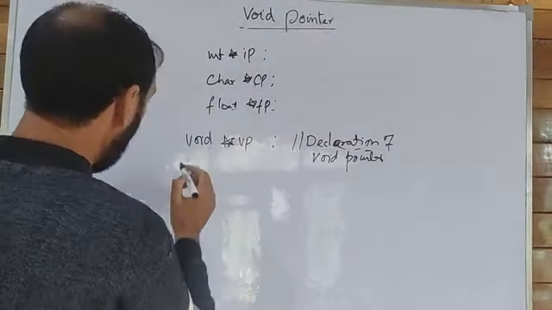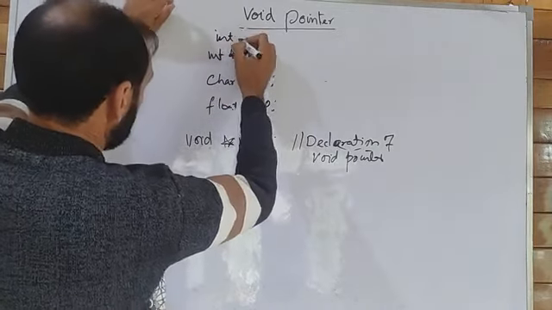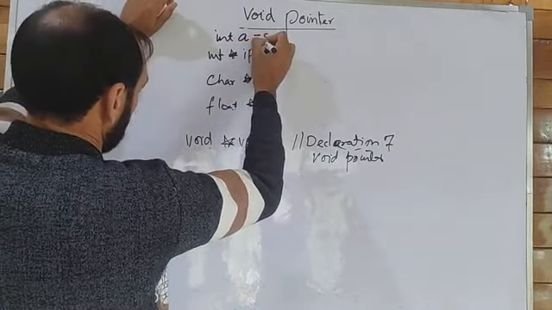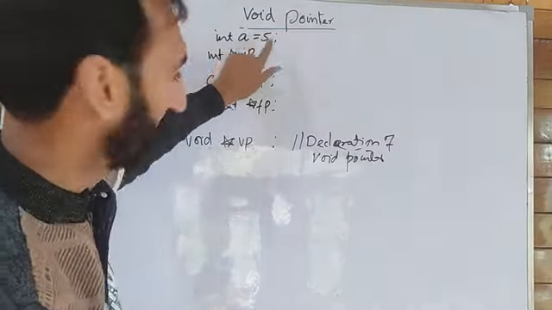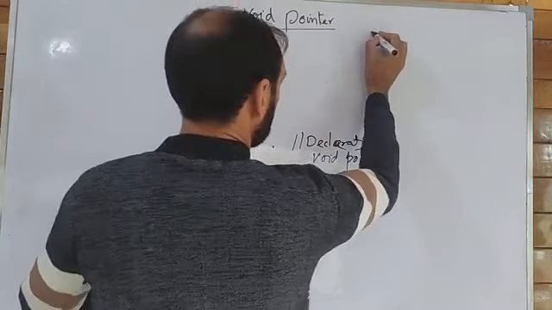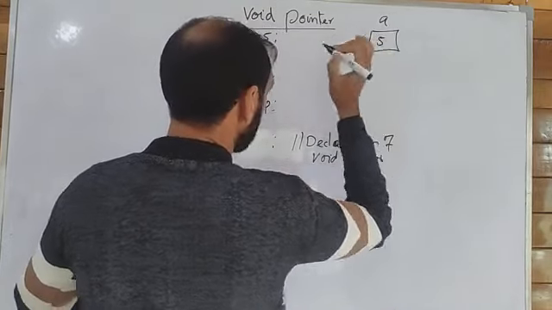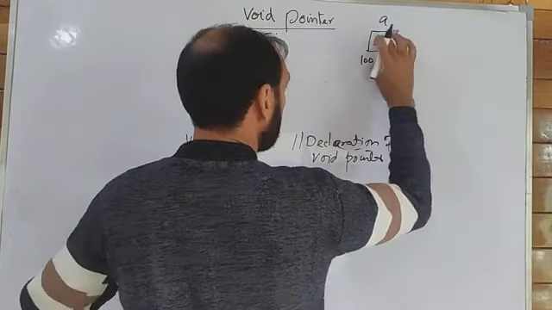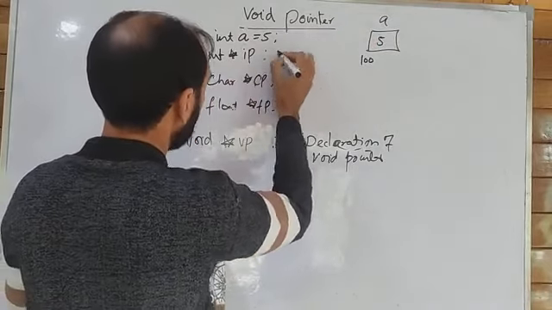For example, if I declare an integer a and initialize it with 5, then a stores the value 5. For example, 100 is the address of this variable.